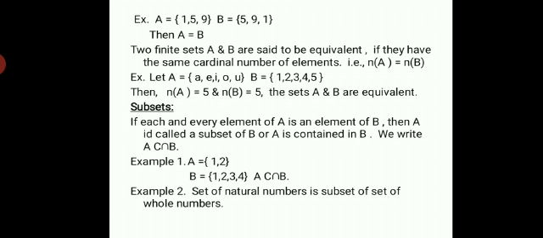Fine. For example, the set of natural numbers is a subset of the set of whole numbers. This is also one of the examples, because natural numbers are subsets of whole numbers. In whole numbers 0 is included, that's why natural numbers also come under that.